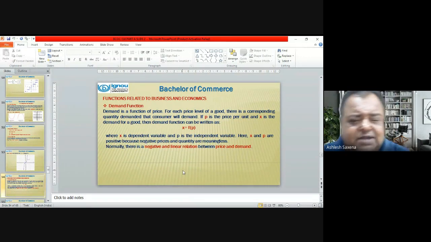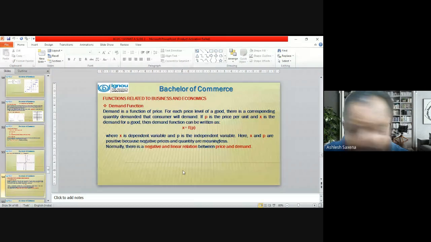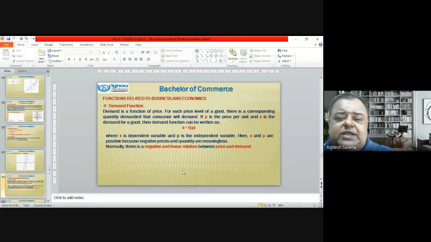A demand function. Demand is a function of price. For each price level of a good, there is a corresponding quantity demanded that consumers will demand. If P is the price per unit and X is the demand of the goods, then the demand function can be written as X equal to F(P), where X is the dependent variable and P is the independent variable.